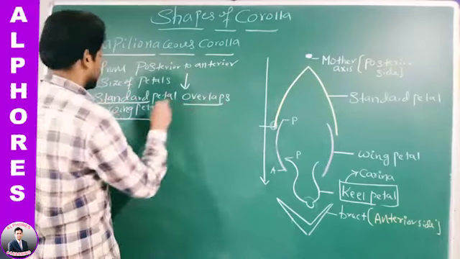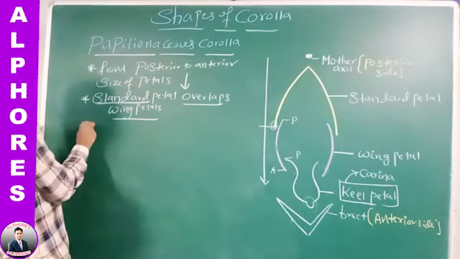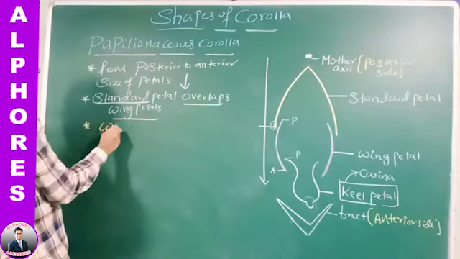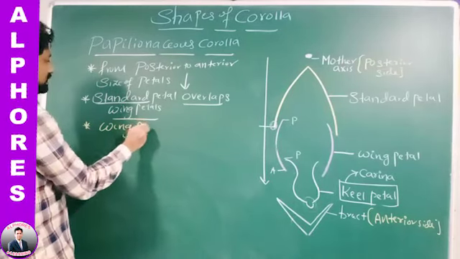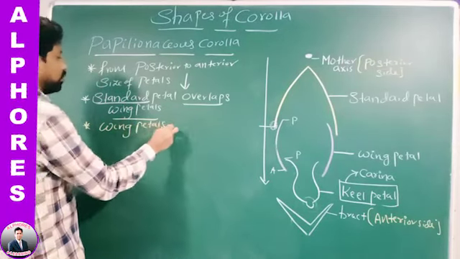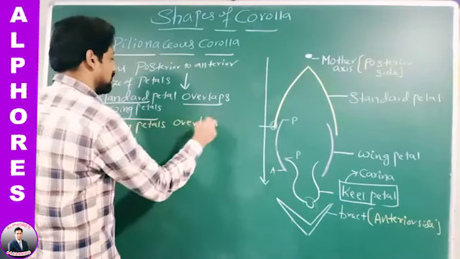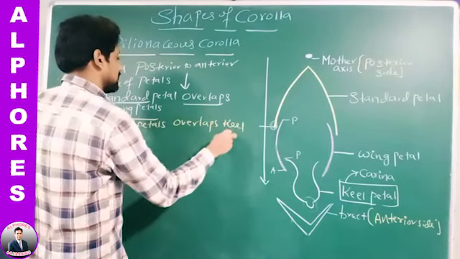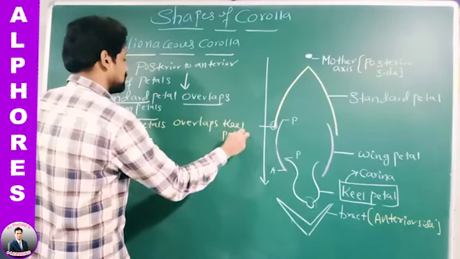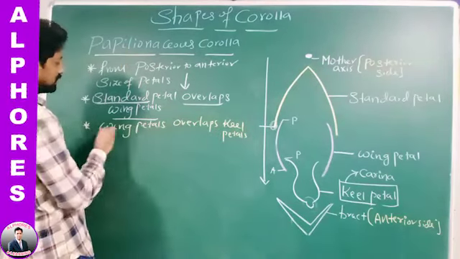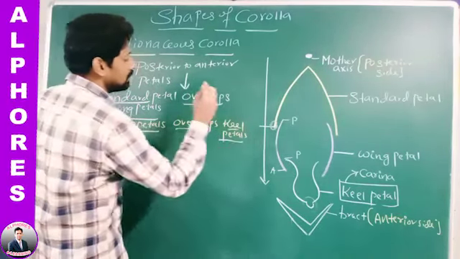Standard petals are overlapping wing petals. In turn, what will these wing petals do? Wing petals overlap what? Keel petals. Wing petals overlap keel petals. Therefore, wing petals are overlapping the keel petals.